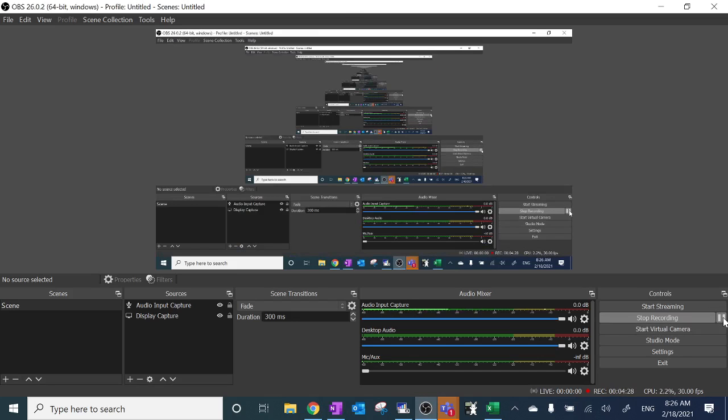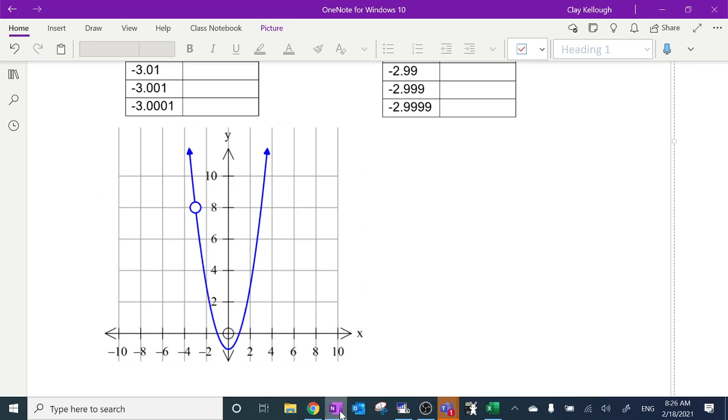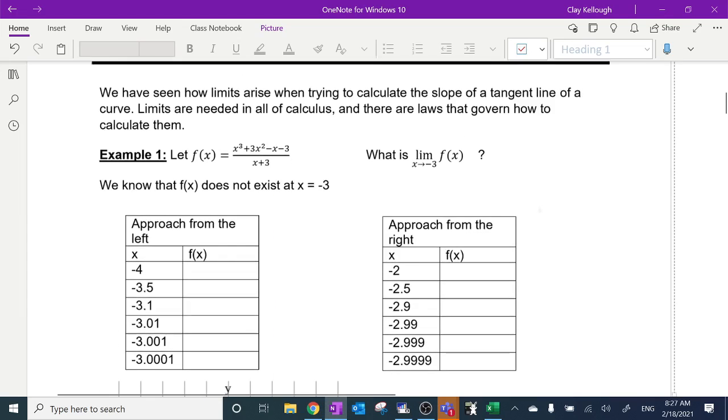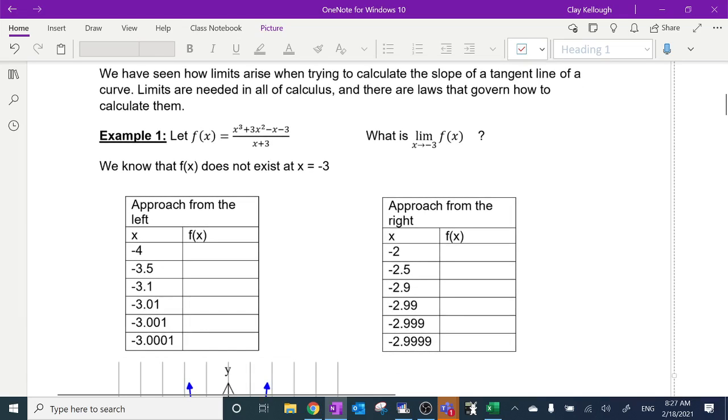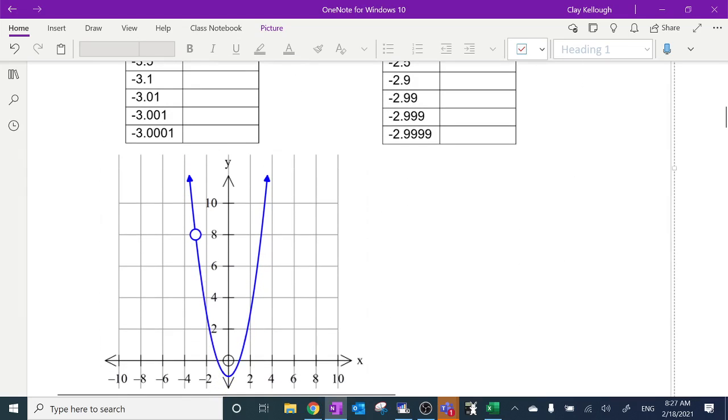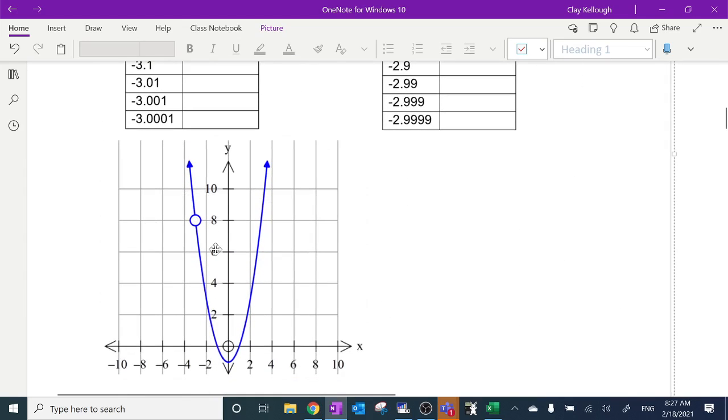Like I was saying, I can't tell you what this function's y value is when x is negative 3, because if you plug negative 3 in for x, you end up dividing by 0, which you can't do. But I would like to know what it is as I approach negative 3. As I get closer and closer to negative 3, what number am I going to get?